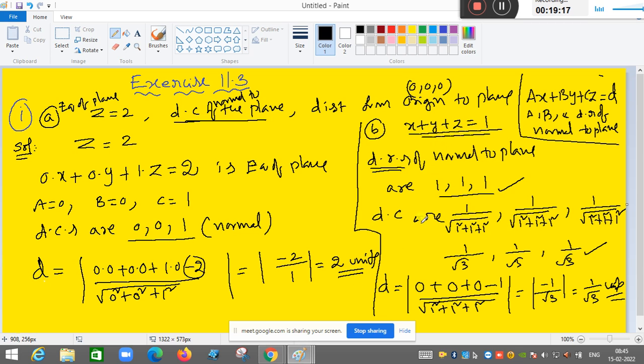Since these are direction ratios, we can find direction cosines. If direction ratios a, b, c are given, the direction cosines are l equal to a by root of a square plus b square plus c square, and similarly b and c. By using that we can find them.